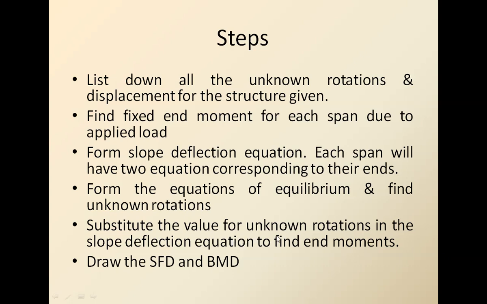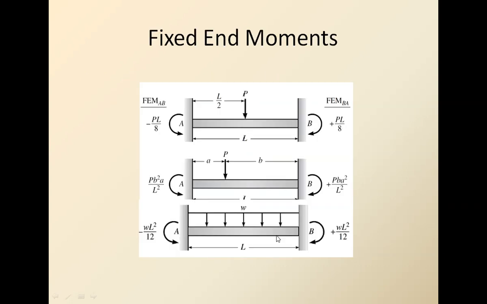So here I have given the list of fixed end moments for different loading conditions. The first case is a fixed beam subjected to a concentrated load at midspan. The end moments are PL by 8 at A, which is anticlockwise, and PL by 8 at support B, which is clockwise.